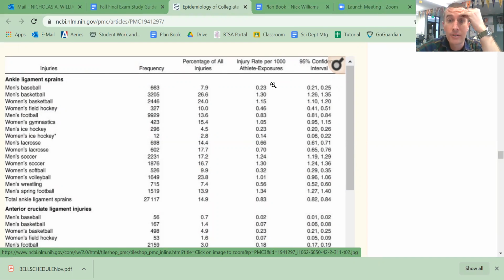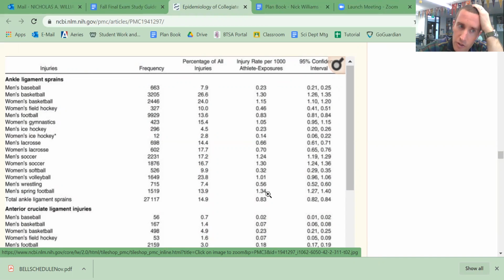So for ankles, baseball is not bad. Basketball is pretty high, 1.3 and 1.15. That stands out. Another one that's high is gymnastics, which makes sense. A lot of ankle for gymnastics. Soccer is really high. And is that wrestling? No, women's volleyball. Huh. And men's spring football.